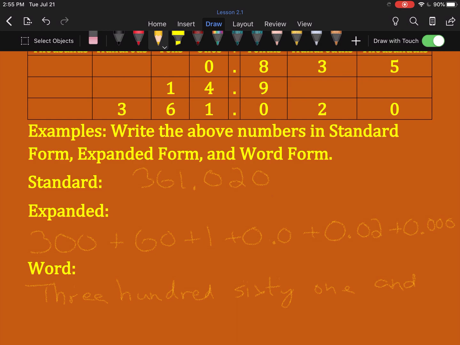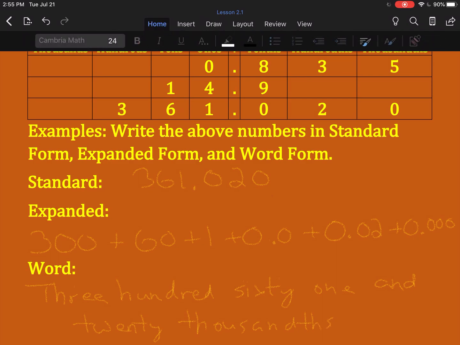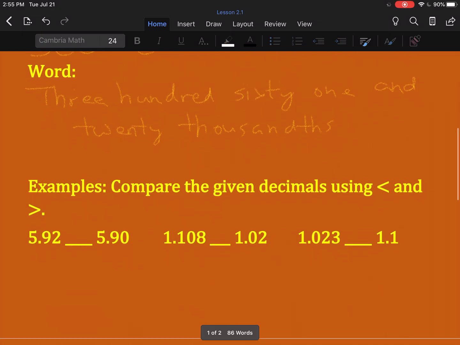Well, the best number we could call that is 20. 20 what? Well, what position does it end in? The third after the decimal, so that is 20 thousandths. So different forms.